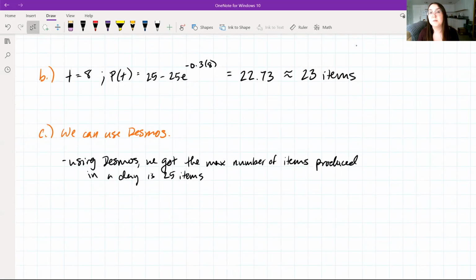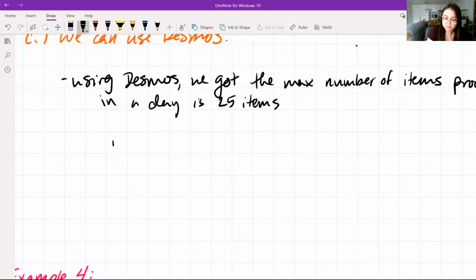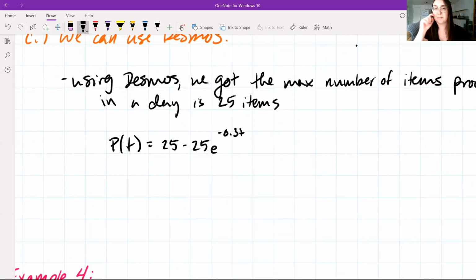But you can't always use Desmos, or maybe we don't have a graphing calculator on hand. So another way we can do this is by looking at our equation and applying the knowledge that we have about exponential functions to this problem. We know that our equation is P of t is equal to 25 minus 25 times e to the negative 0.3t.